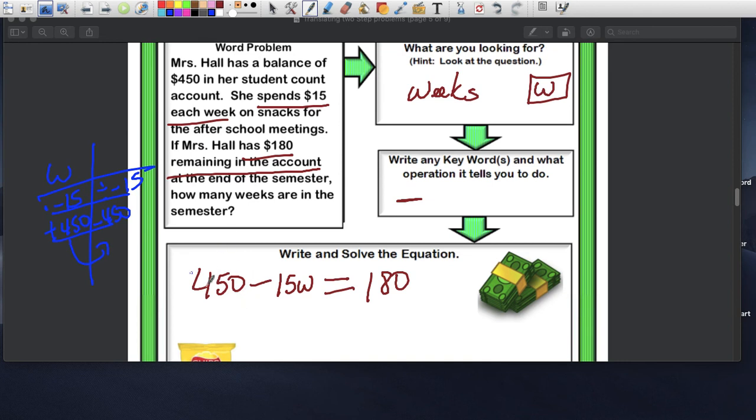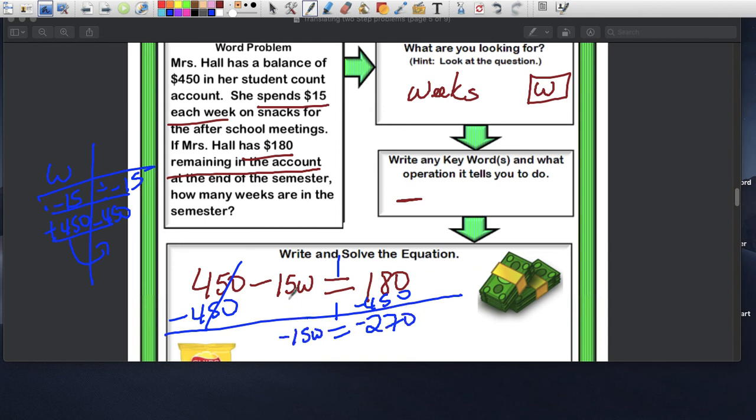So, what is this? First thing I do is minus 450 here, minus 450 here. All right, please use the calculators. And we're going to get 180 minus 450, which is negative 270. And then here we get negative 15W comes down.